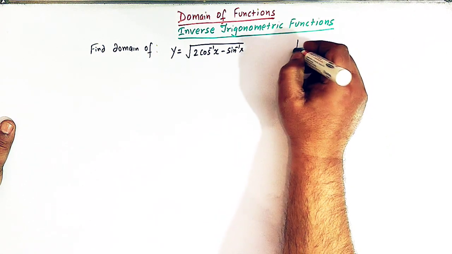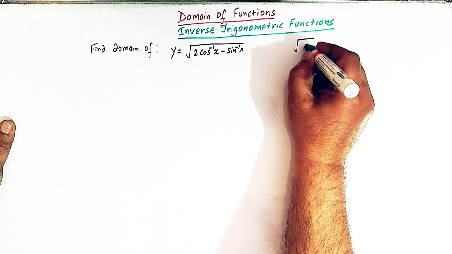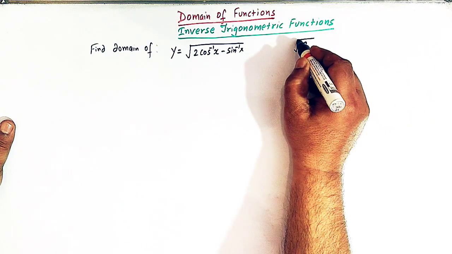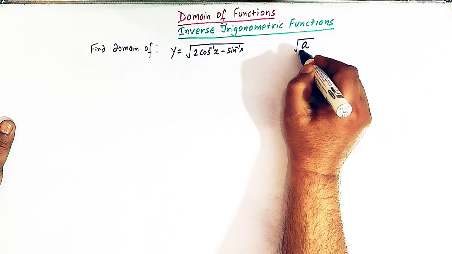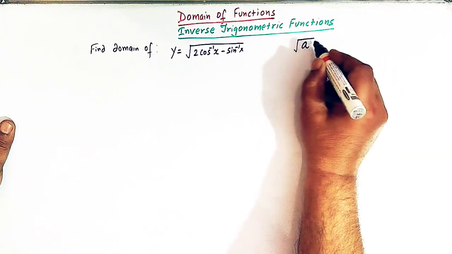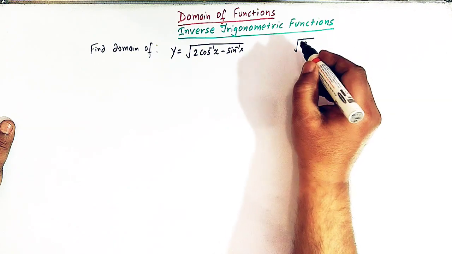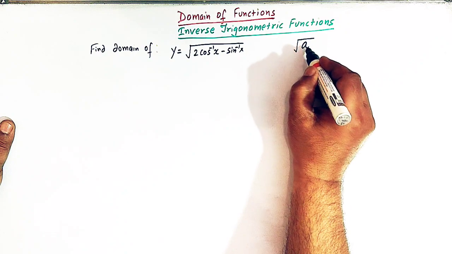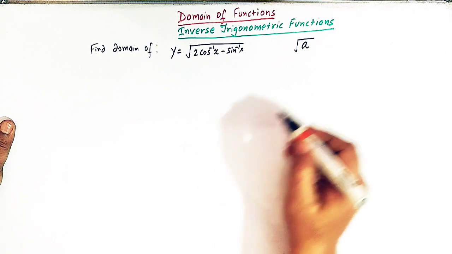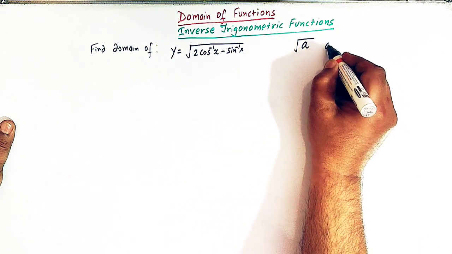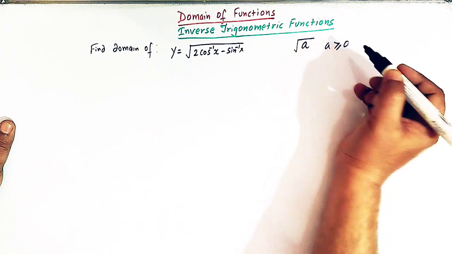Whenever we have a number, say square root of a, then for the validity of this number, that is, if we want to express this square root of a in the set of real numbers, this a must be greater than or equal to 0.